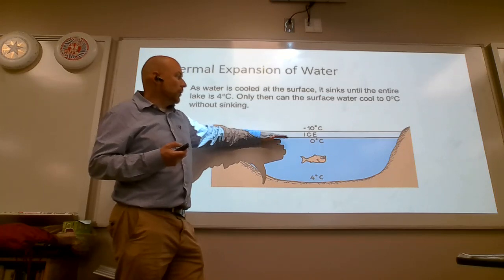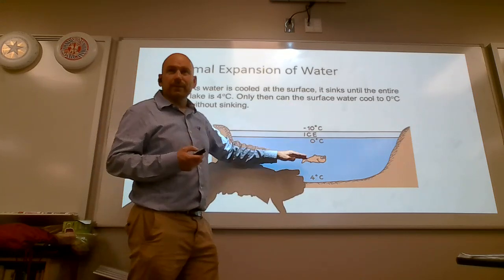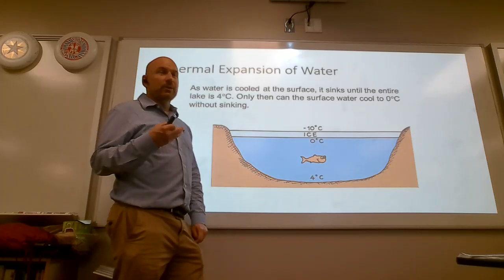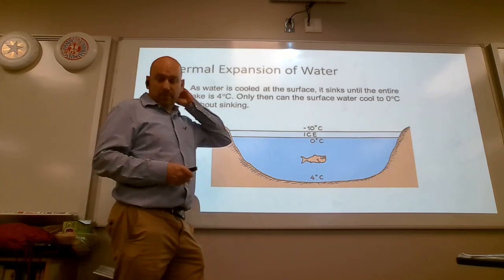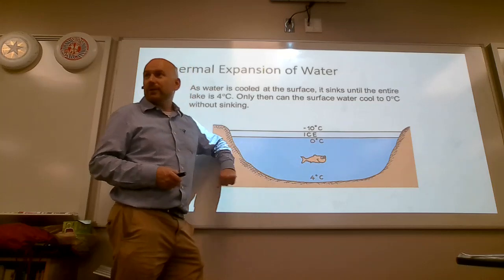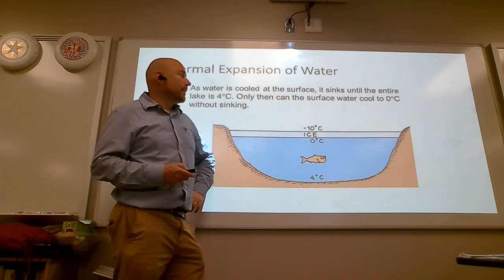The longer or colder the winter is, the thicker this ice is going to be as heat leaves, causing this layer to freeze. But so long as you don't have a super crazy long winter or super cold, there's always going to be some water here that fish can survive in. Good with that? Okay.